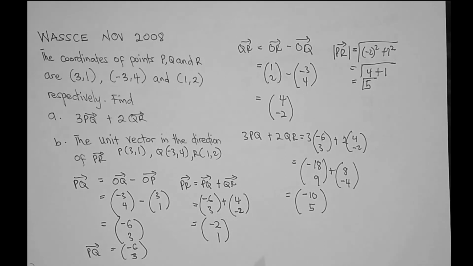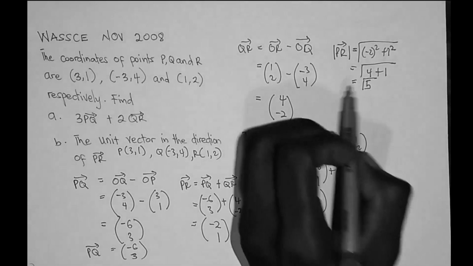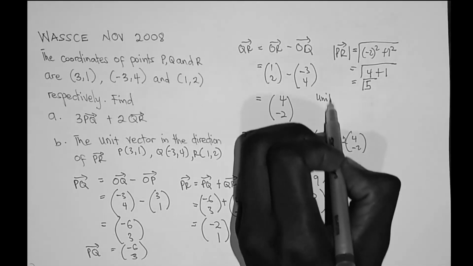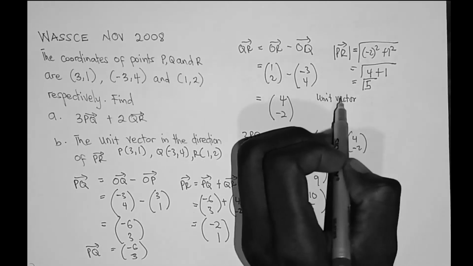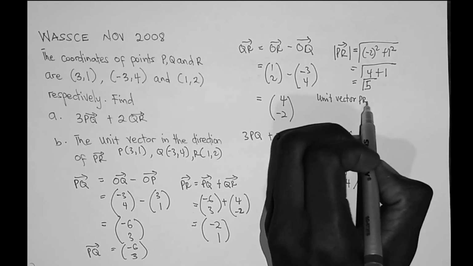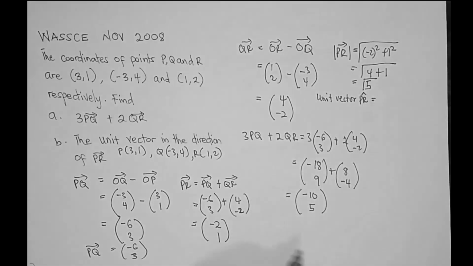So the unit vector of PR equals the vector over the magnitude, and the vector of PR is minus 2i plus j.